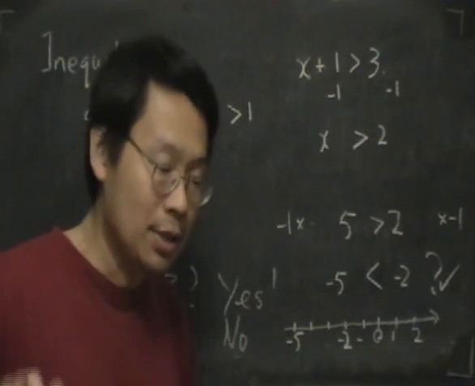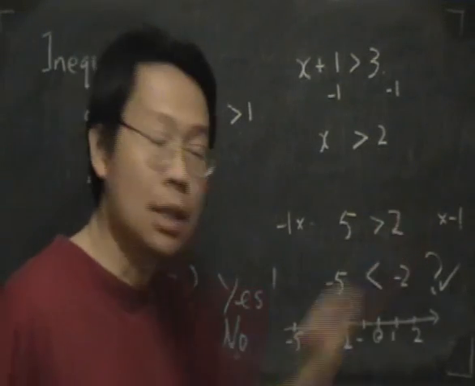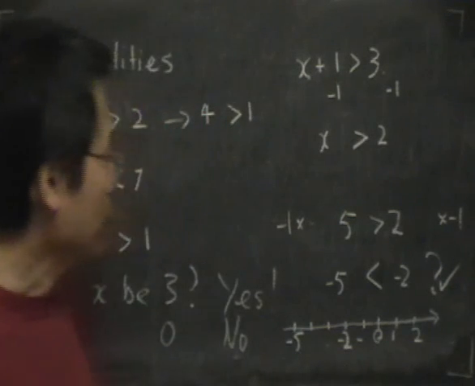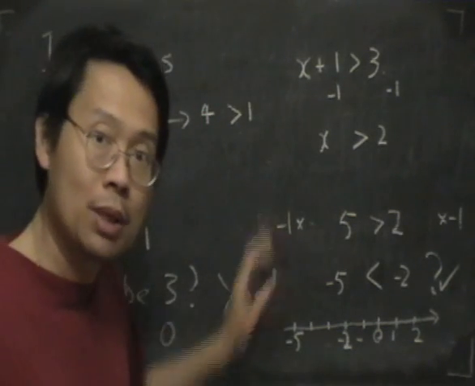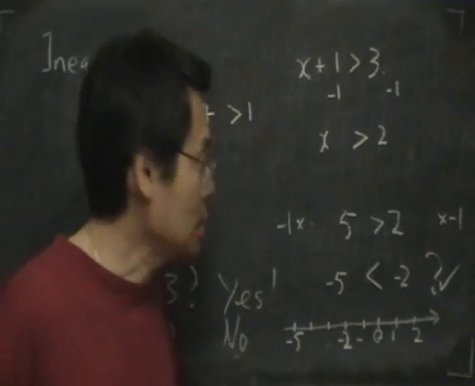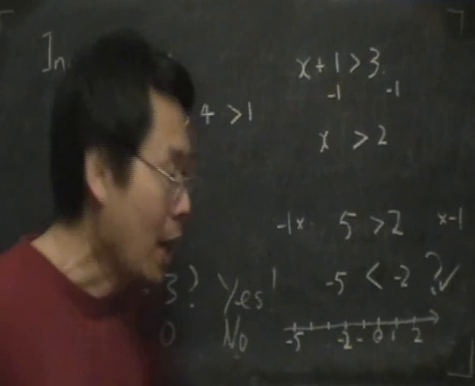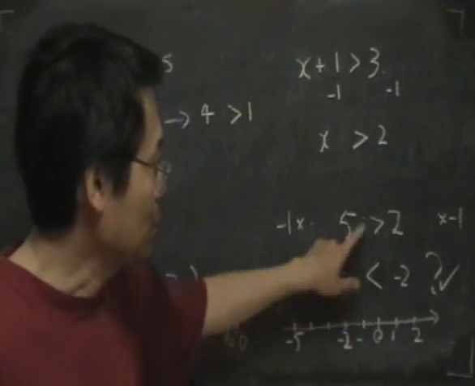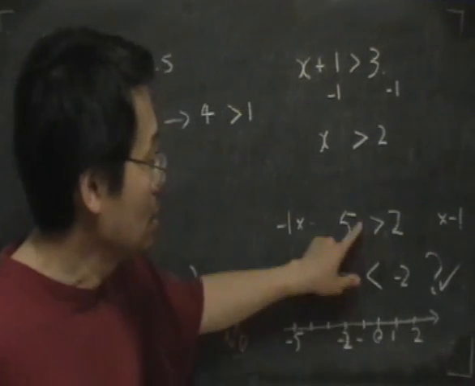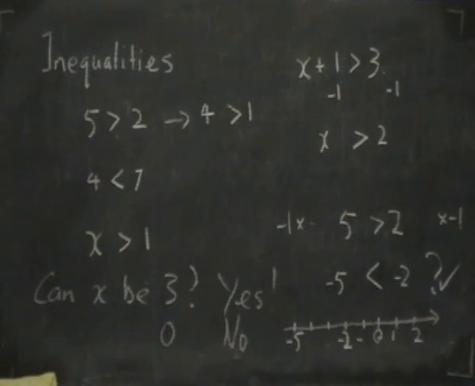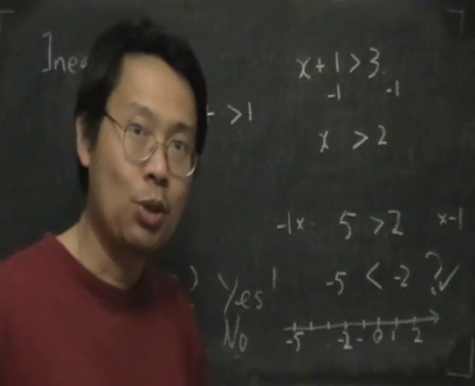But when you multiply the two sides of an inequality by a negative number, it doesn't have to be just minus 1, it can be minus 2 and minus anything, you have to flip the inequality. That means greater than becomes less than, and less than becomes greater than. Okay, we will stop here now.